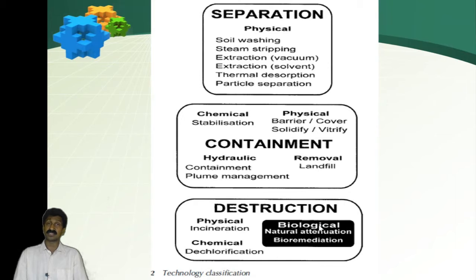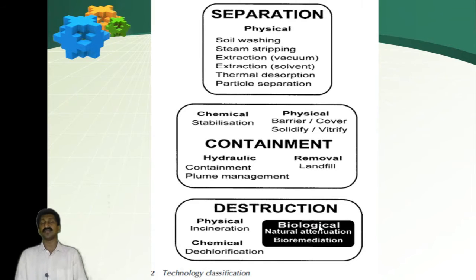Then there is another method that is known as containment. Anyway, now in the age of corona, we are more familiar with containment. You are restricting that pollutant or the toxic compound within some confined limits, so that it will not spread to other areas.